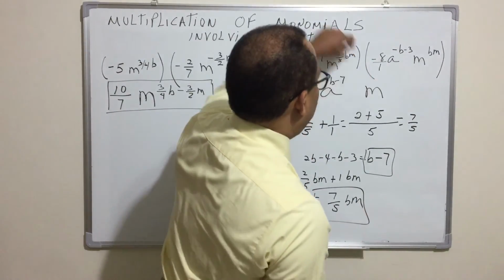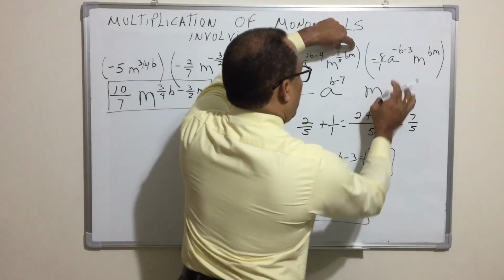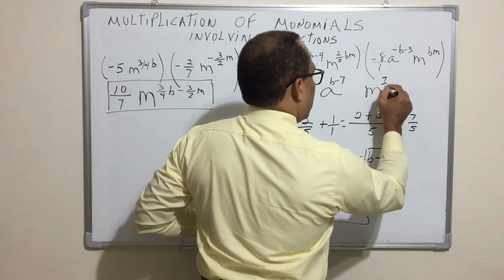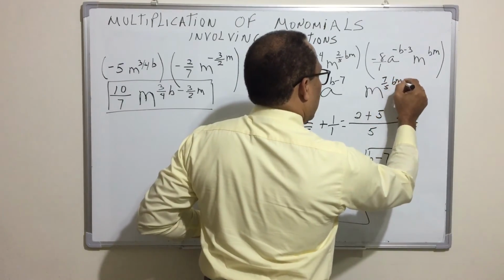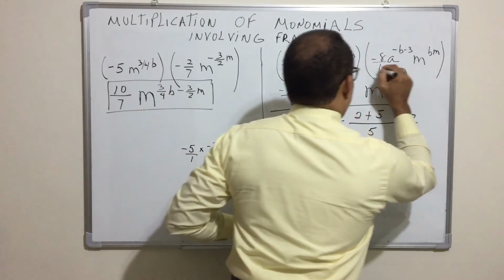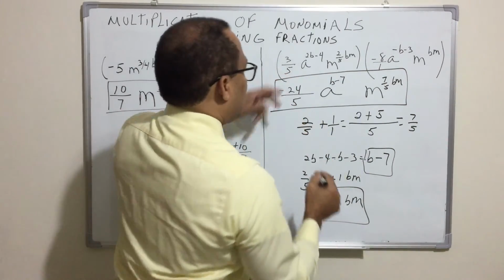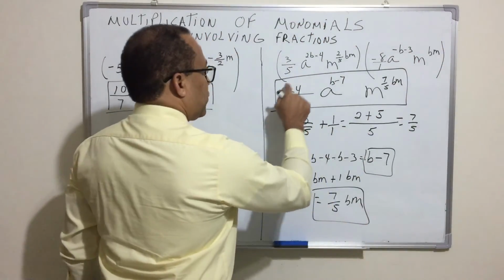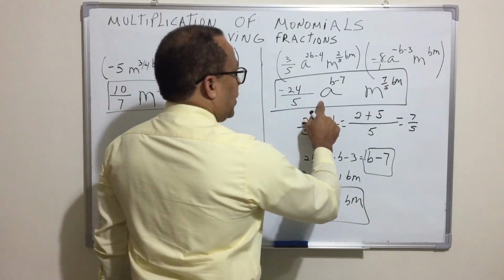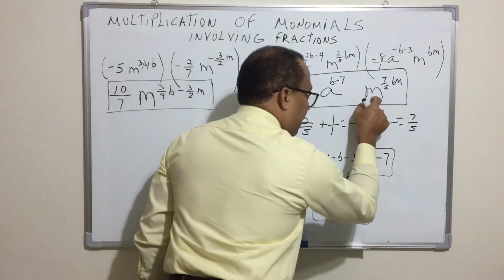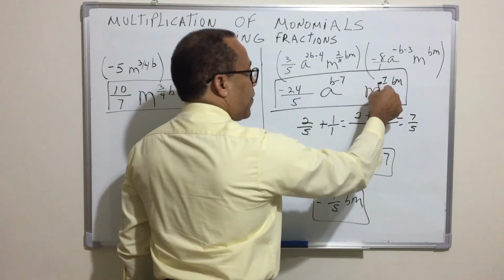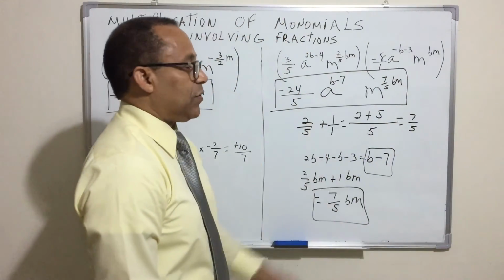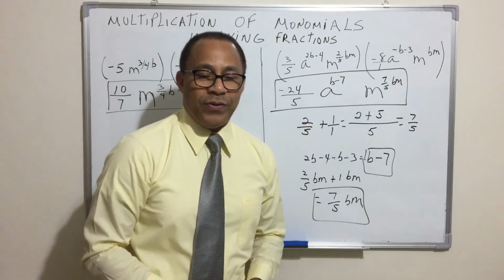And this will be the exponent for m. The result for the multiplication of these two monomials is negative 24/5 a to the b minus 7 m to the 7/5 bm. And that's the result for this multiplication of monomials.